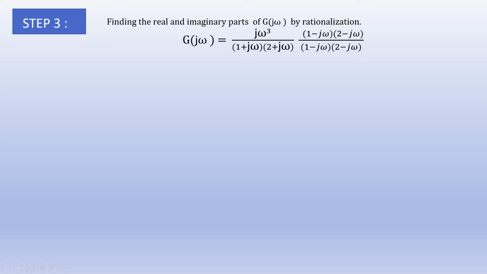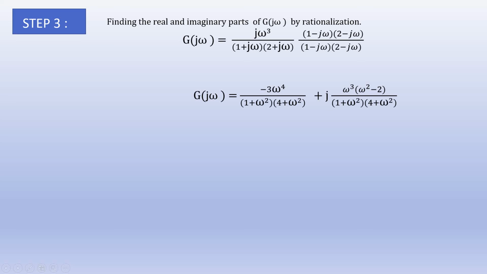If we do that, then we have this corresponding equation over here. If we simplify that further, if we multiply these three polynomials in the numerator, then we have this kind of expression over here.